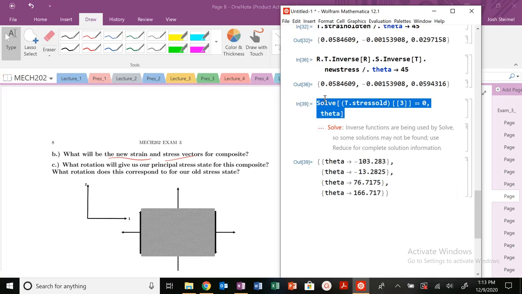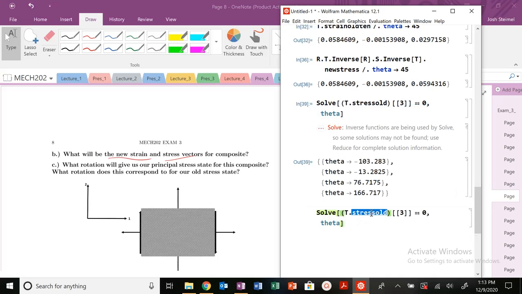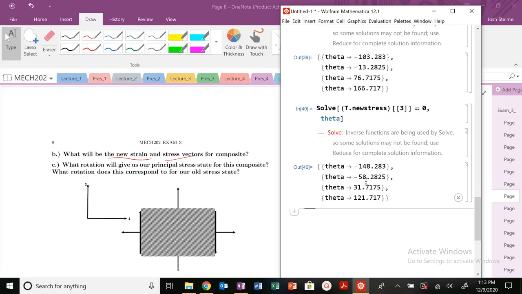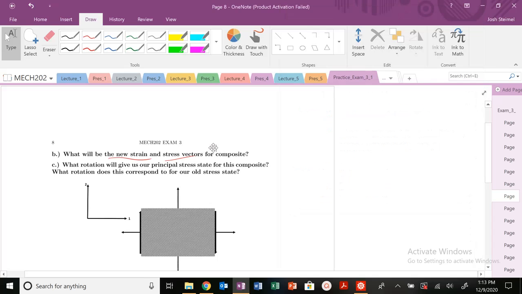You can also solve this from the perspective of the new stress state. So stress new. Where did I call it my new stress? And solve for the values. Again, you see the angles are different, but that's because we're in a different state on our Mohr circle.